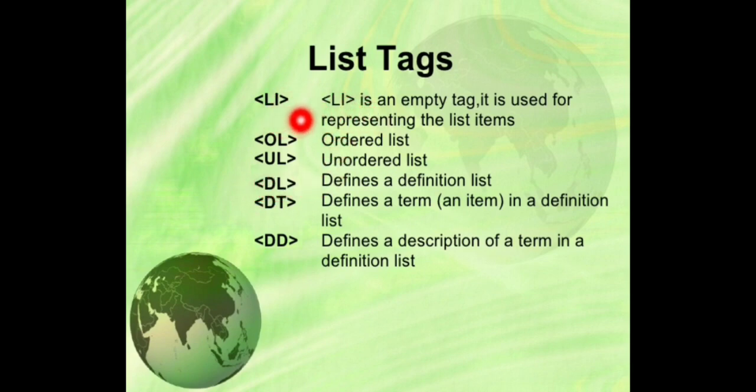LI, full form list item, is an empty tag used for representing the list items. OL is ordered list, UL is unordered list, DL defines a definition list, DT defines a term that we have to define, and DD is the definition description of a term in the definition list.